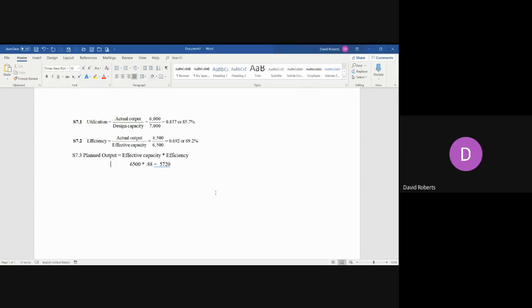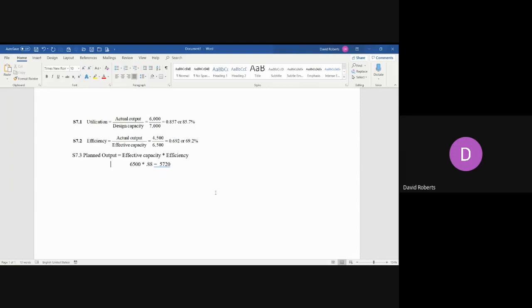Now, in 7.3, you want to find out what the actual output is. Well, the effective capacity is 6,500, and the efficiency is 88%. So all this is a rearranging of the formula from 7.2, but you get a different answer and you find out the actual output.